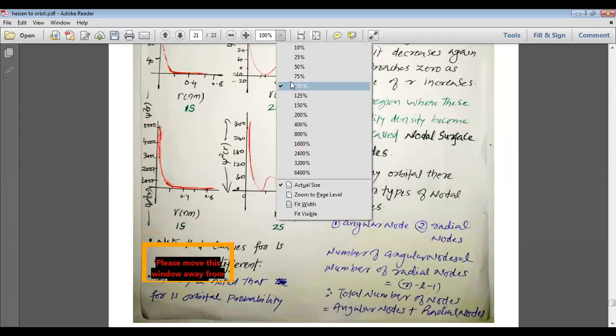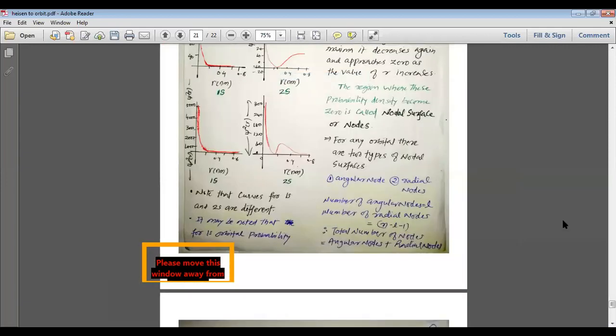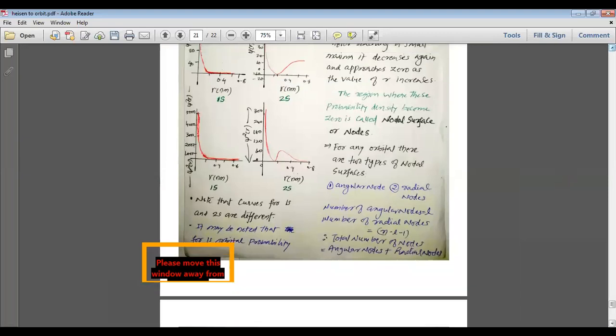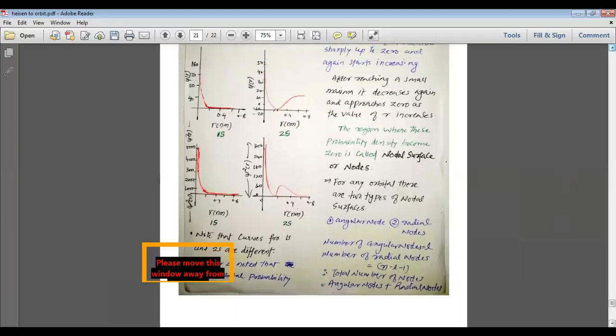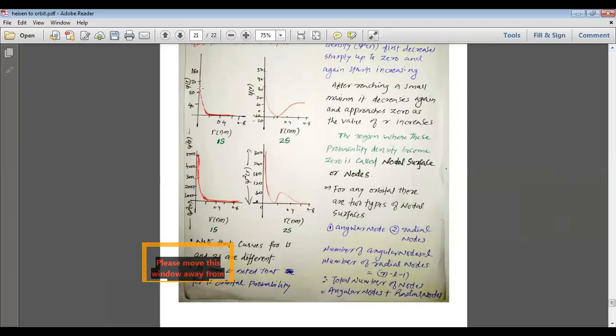Now when we study these graphs, my dear students, we understand how the electron is distributed in the orbital. You can see that in the case of the 1s orbital, as the electron goes away from the nucleus, the value of psi r decreases sharply and it goes parallel to the r axis.